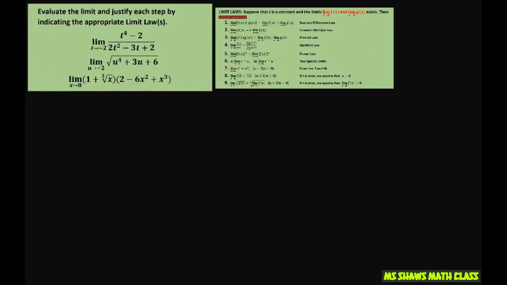Okay. So the next one, we're going to use this square root property here. So I'm going to use 9.